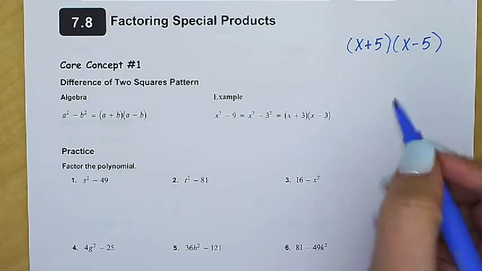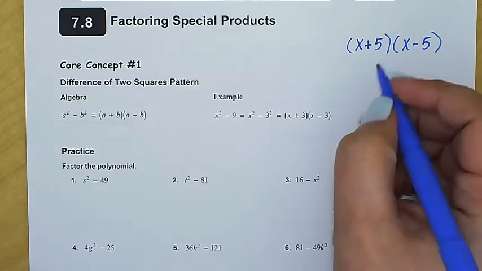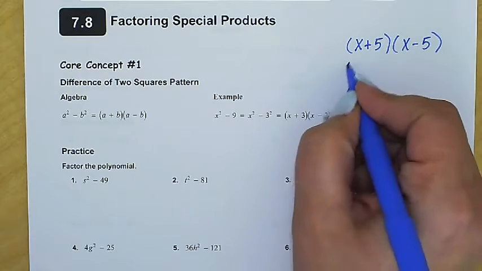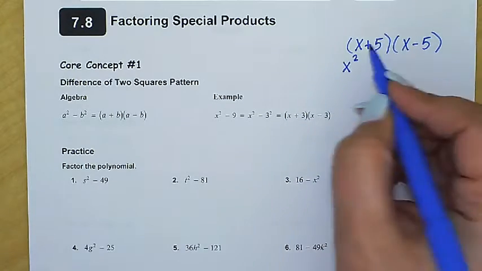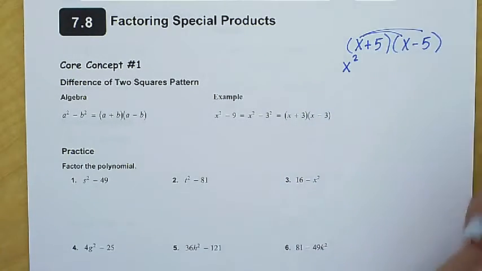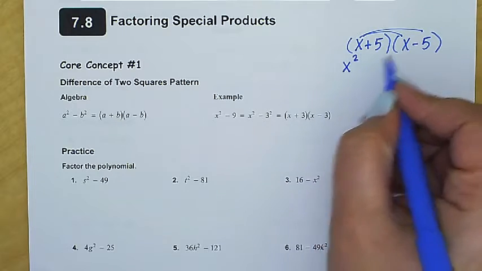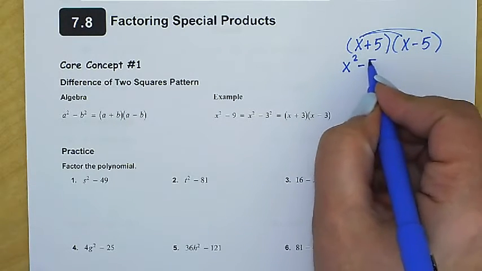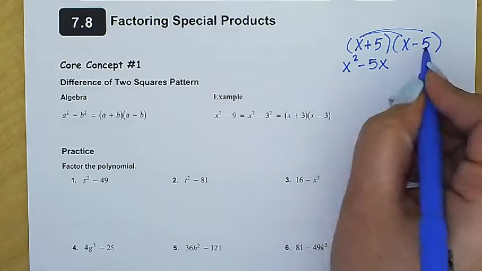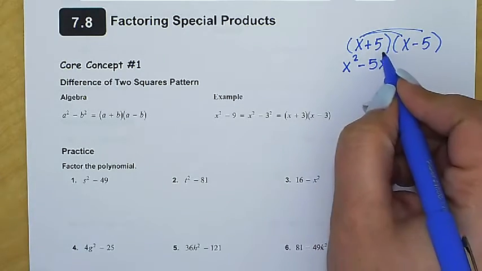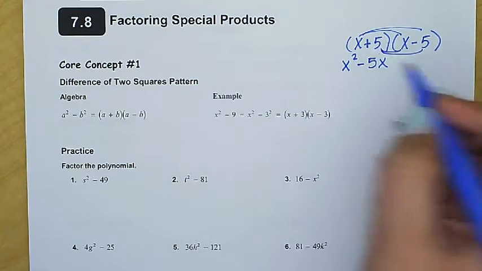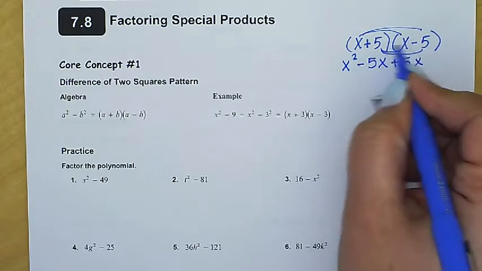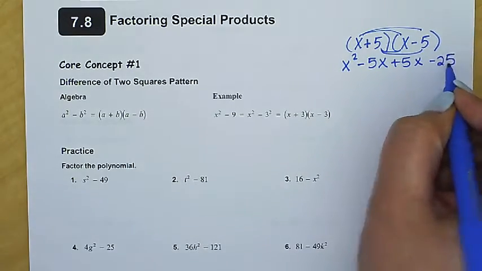So what we noticed when we were multiplying these in the first half of the chapter is that as we worked the distributive property or FOIL or box method, and we distributed the x here, x times x gave us x squared, and then for the outers we would get a product of negative 5x. And then when we went to do the second set of distribution, we had a positive 5x and a negative 25.